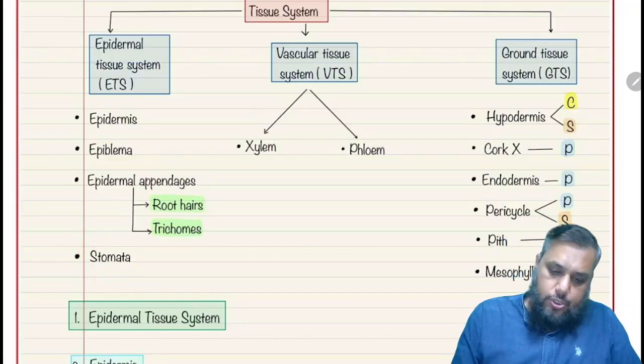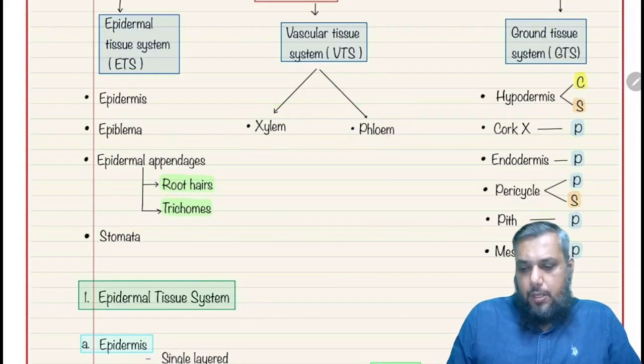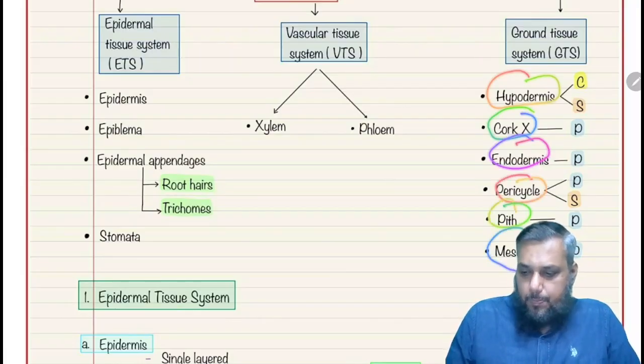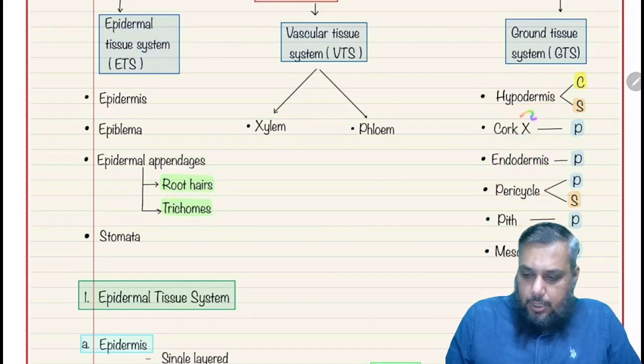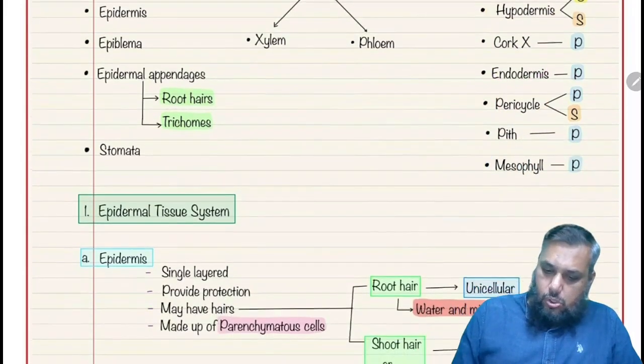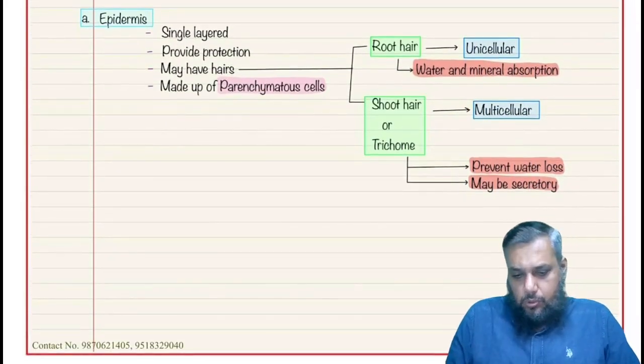Whereas the vascular tissue system includes xylem and the phloem. Ground tissues include all the other types of tissues like the hypodermis, cortex, endodermis, pericycle, pith, and the mesophyll. Okay, and the cork.